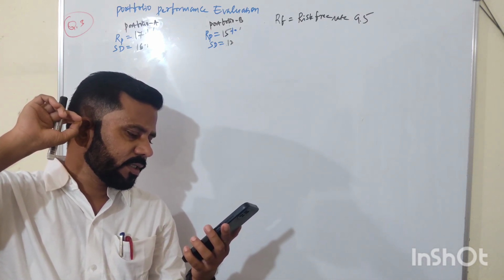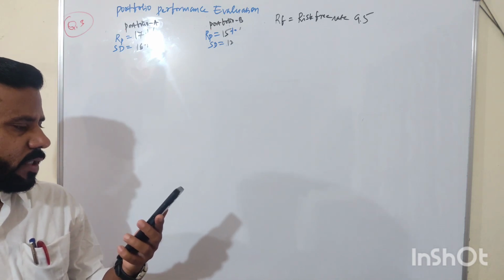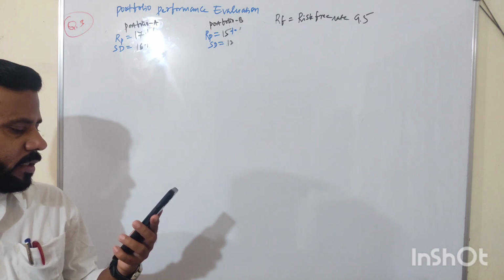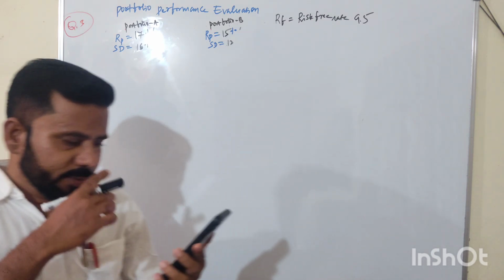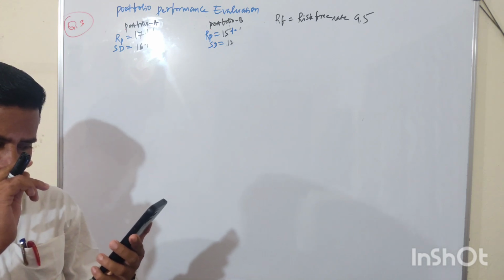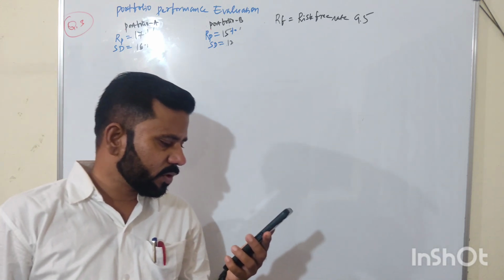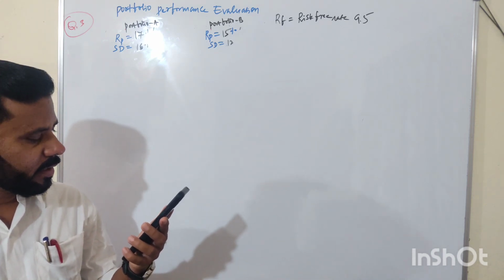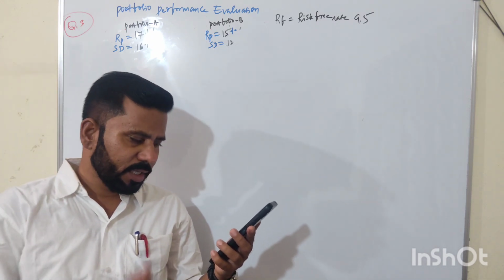The standard deviation of the market is 6%, which means we have to find out even the market index Sharpe ratio. So what we have to compute from this given information is Treynor's index, and Sharpe's index for the market portfolio.